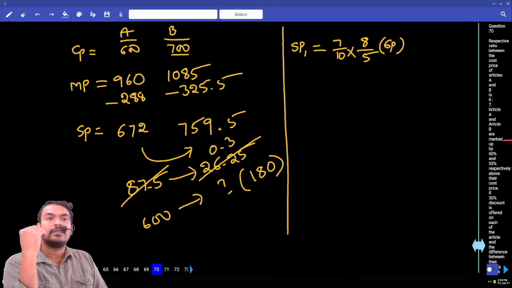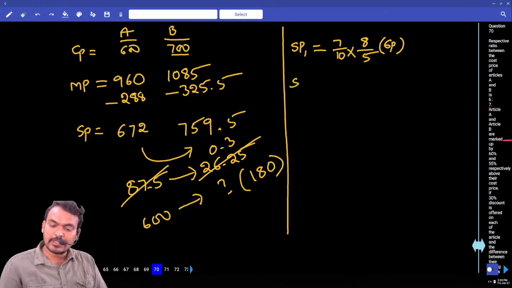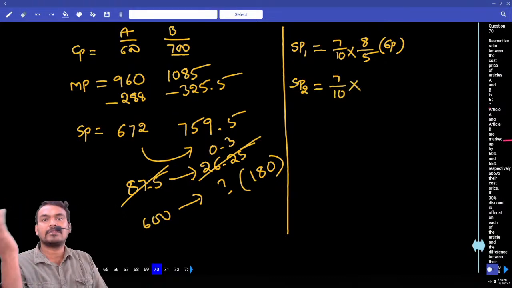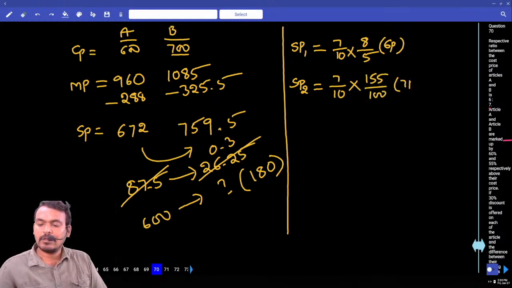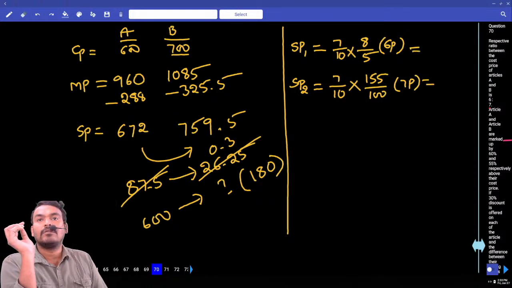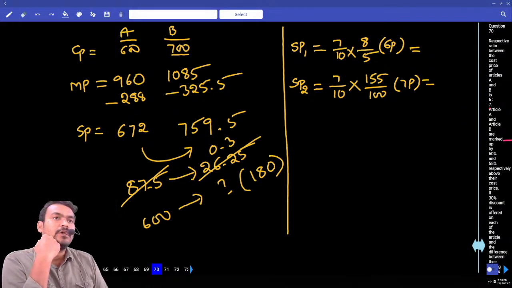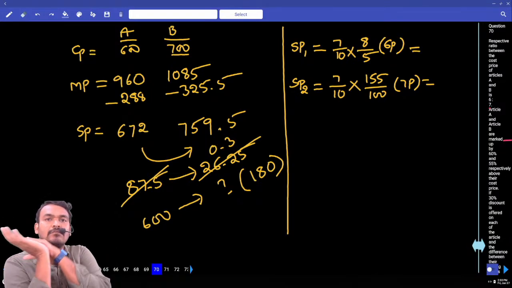So 7 by 10 of 8 by 5 of 6 parts is the selling price of the first one. Next, the selling price of the second one is 7 by 10 of the 55% marked up, written as 155 by 100 of 7 parts. These two differ by 26.25. But calculation wise, the second method is also lengthy.